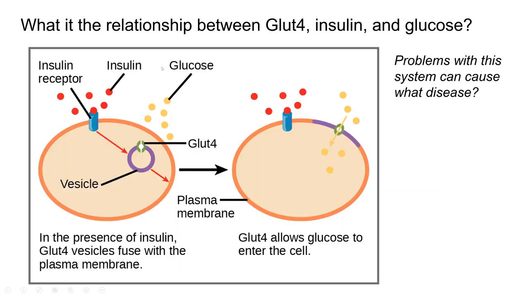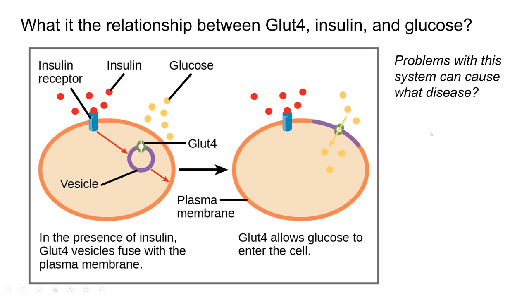So what is the relationship, if we're looking at cell membranes, this is referring back to the case study, between GLUT4, insulin, and glucose? So this is showing you an insulin receptor binding to insulin, and then GLUT4 brings glucose into the cell. If something is wrong with any of these parts, you don't get glucose into the cell.